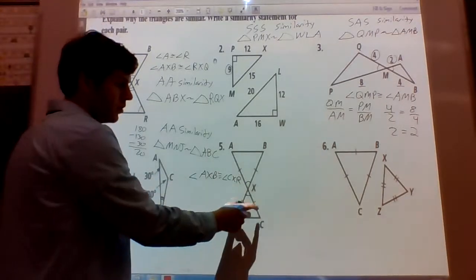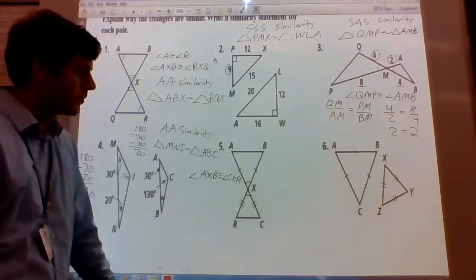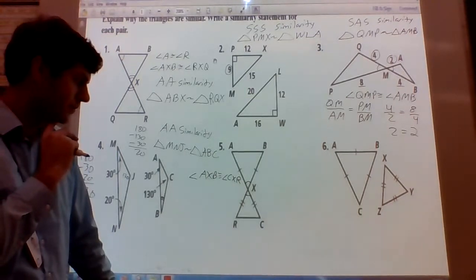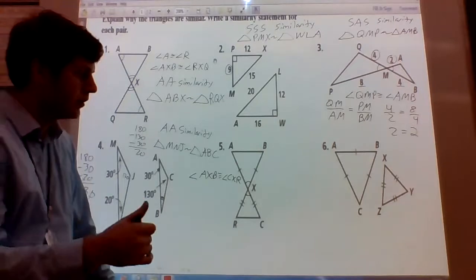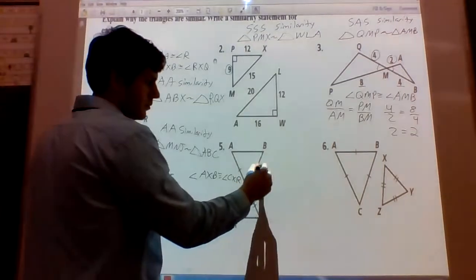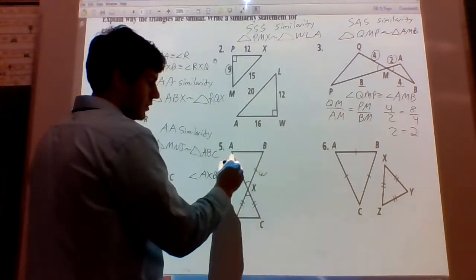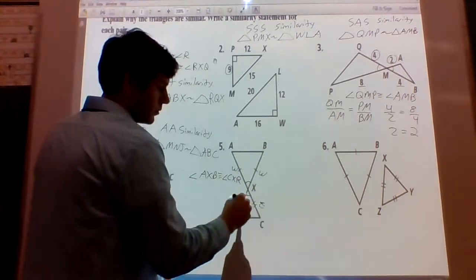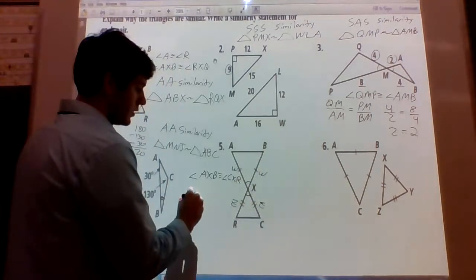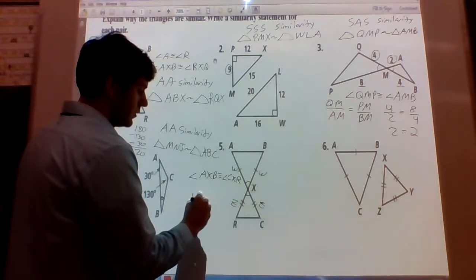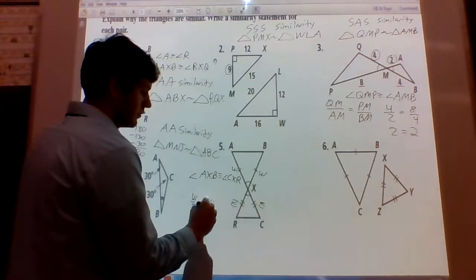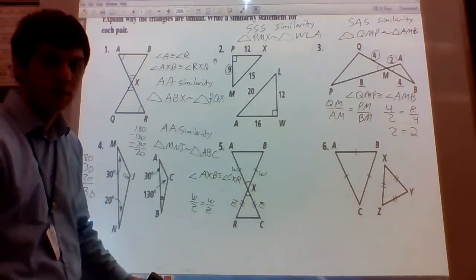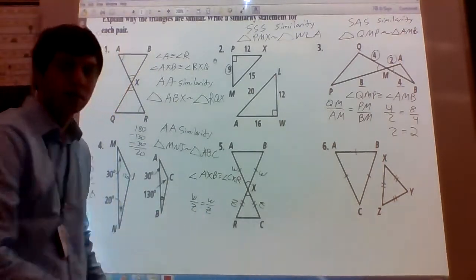And then we know the sides are going to be proportional, and the reason is, say we know this side, let's call it W. If that side's W, this one is also going to be W. If this one is Z, this one is also Z. So W over Z, does it equal W over Z? Yes, it does. Since those equal each other, we know the sides are proportional.